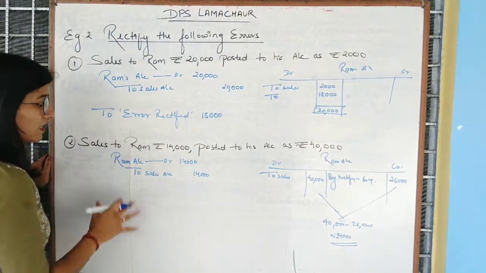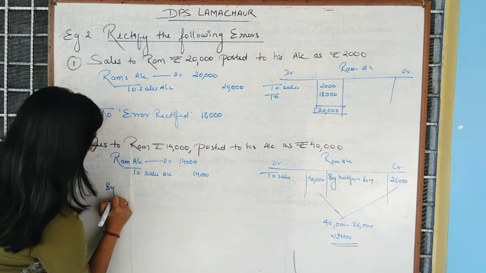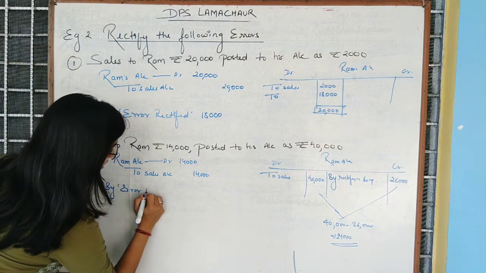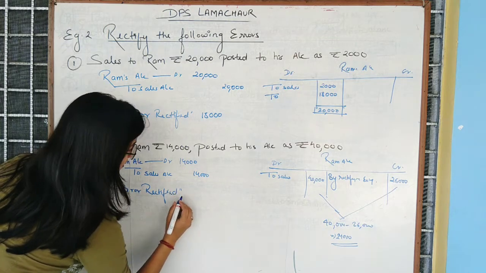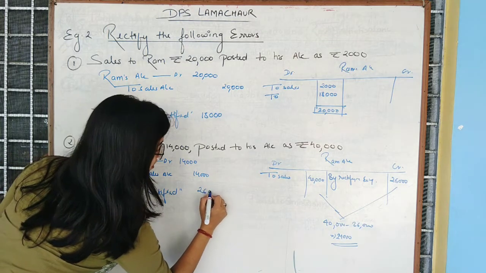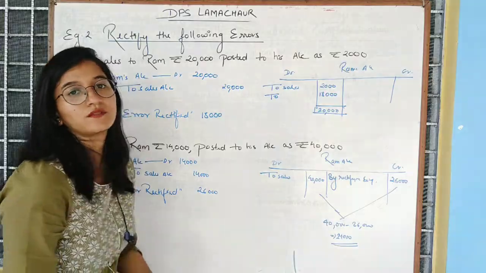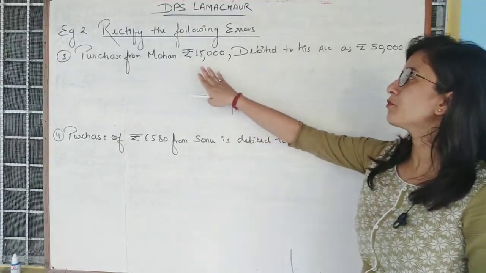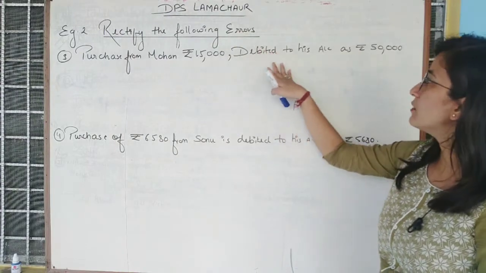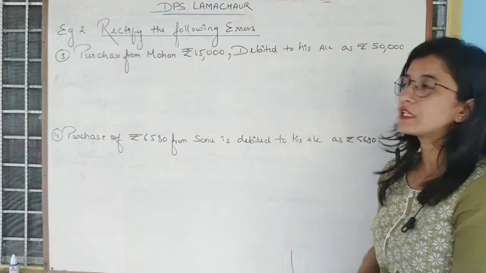So here answer will be by error rectified, and the amount is 26,000.